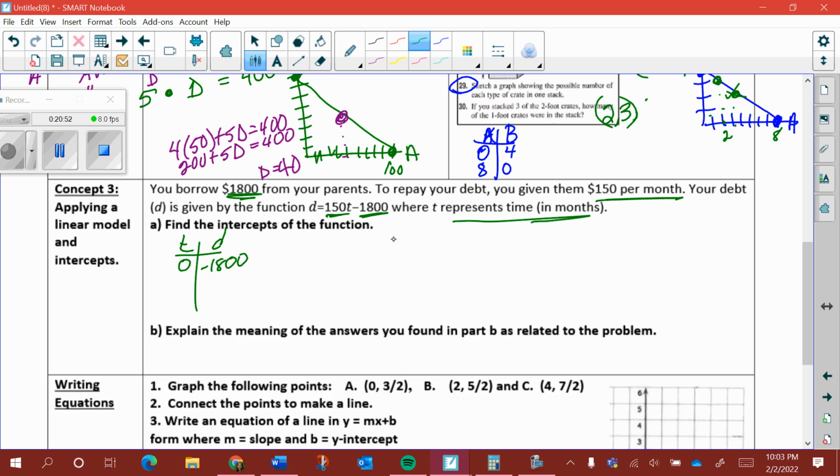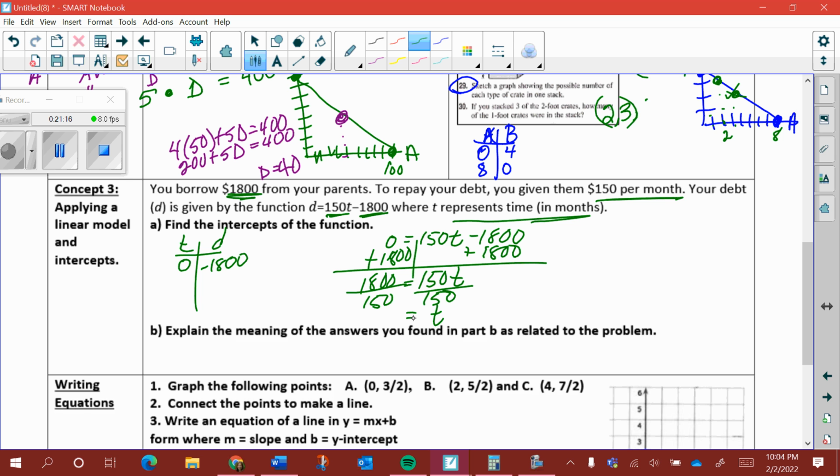In reverse, if I plug in a 0 for D in D equals 150T minus 1800, I solve it, I get 1800 equals 150T, and divide by 150. So T ends up being 12. So 0 here gives me 12 months.